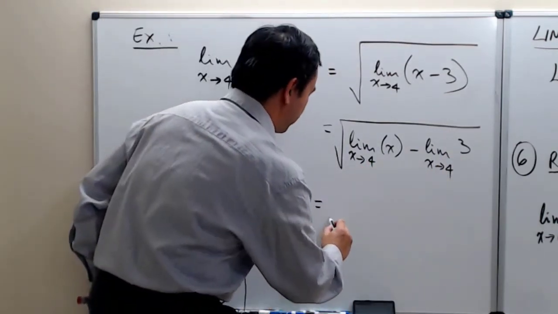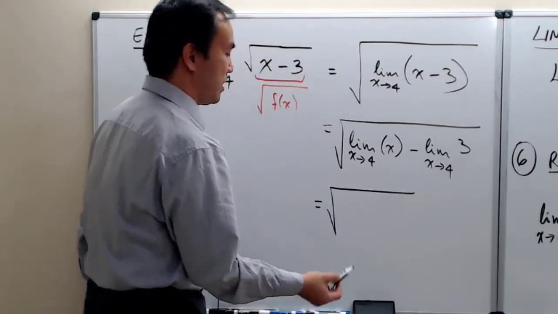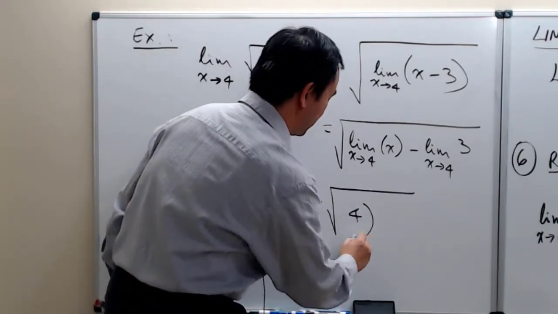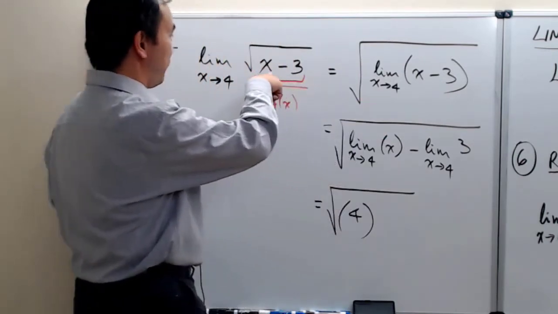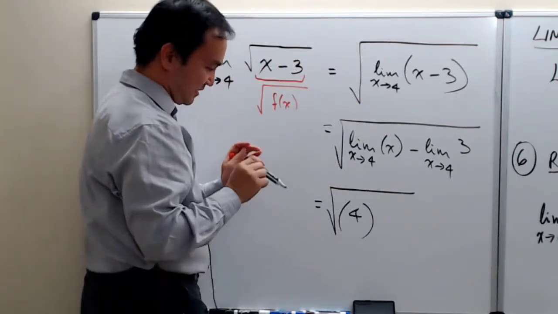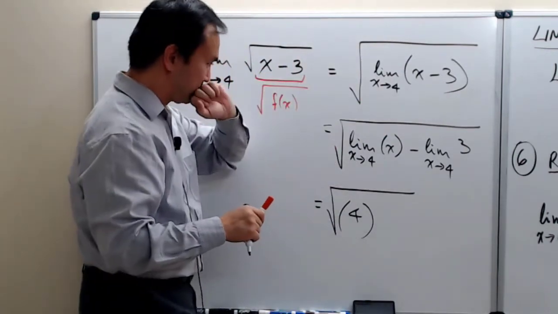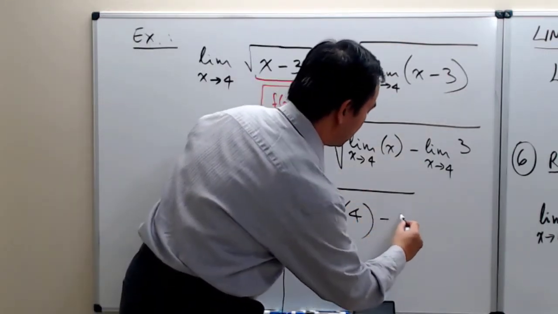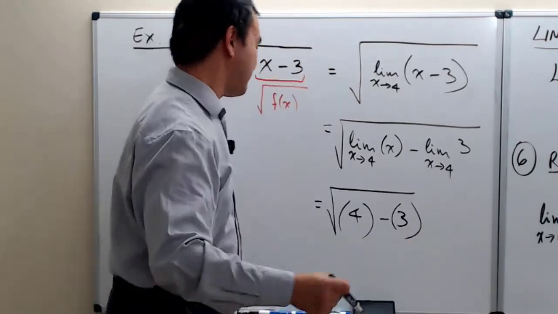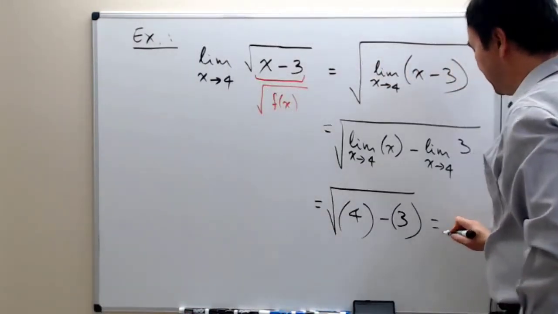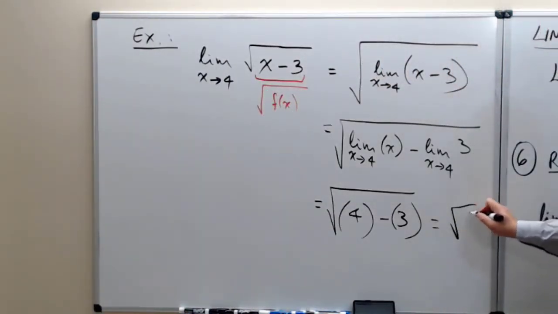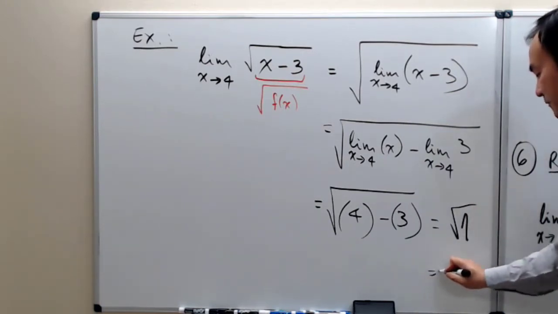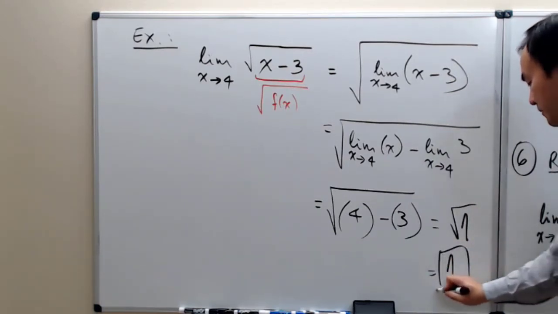So what we're looking at now is the square root of 4, so it looks like 4 is substituted in for x, but it's not. It's just that we have to go through a really lengthy process. And then minus 3. And this is going to be the square root of 1, and our final answer here is 1.